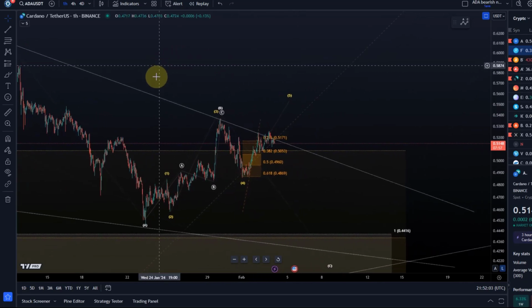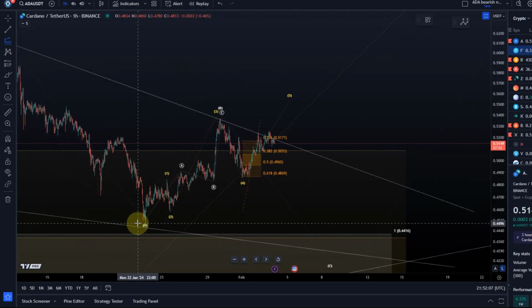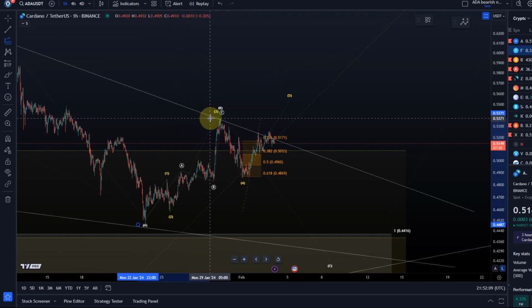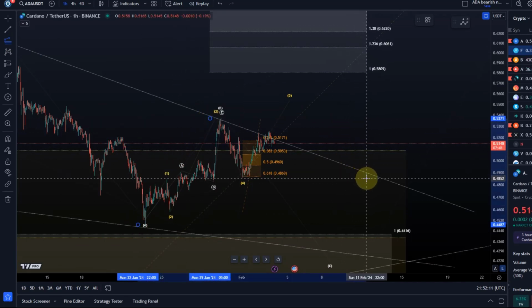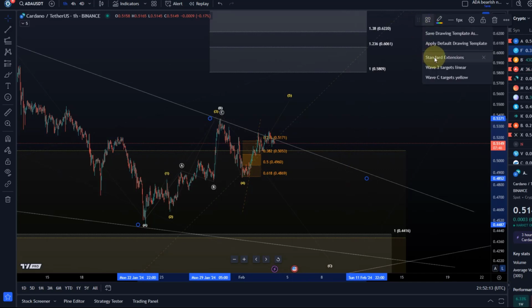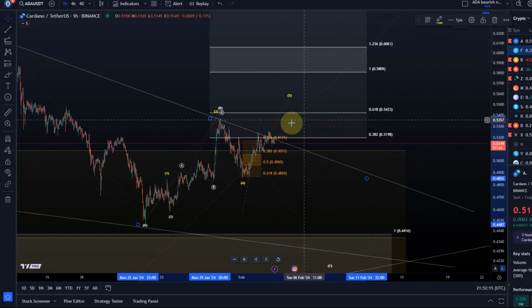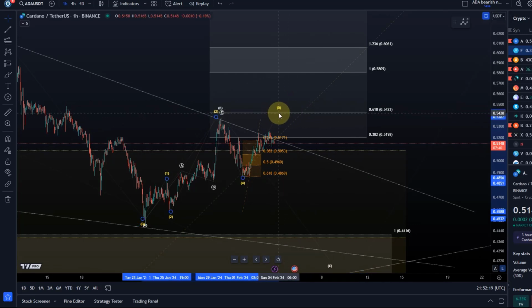What would be an ideal target for that fifth wave? What we can do is take the length of waves 1 through 3, go to the low of the wave 4, and we usually would look at the 61.8 extension level. That would be my minimum. In this case, it's at 54.2 cents. Then we might give it the benefit of the doubt that it has formed 5 waves.